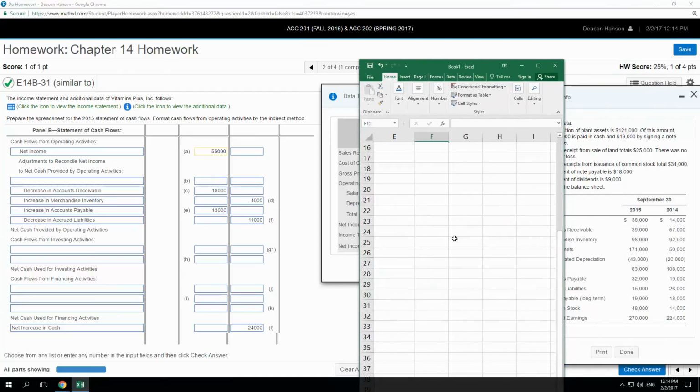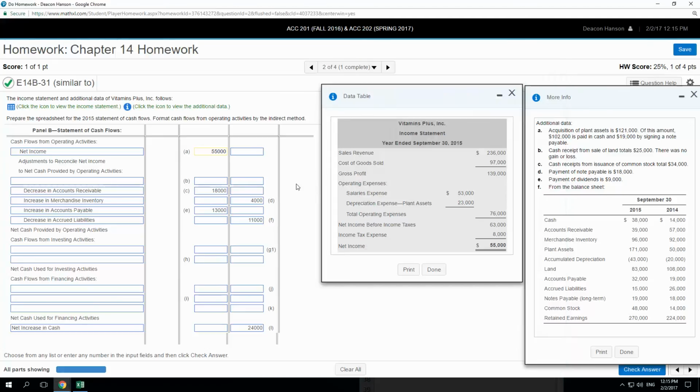If you think about your retained earnings statement, you have beginning retained earnings, then you add net income, and you subtract dividends, and that gives you your ending retained earnings. So net income is an addition to retained earnings.